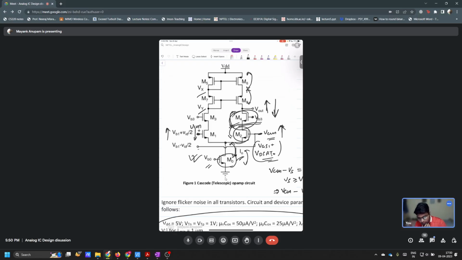Let's say this is VDD, and this is the maximum, and this is the minimum, and this is the ground. So clearly this is larger compared to this. Is that clear? Yes, sir.